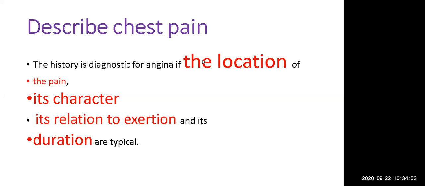Remember forever, this is the scheme of the chest pain that belongs to angina. The location: where does this pain appear? So you ask your patient, where does this pain appear? Then you need to describe the character of the pain: please tell me what kind of pain do you have?